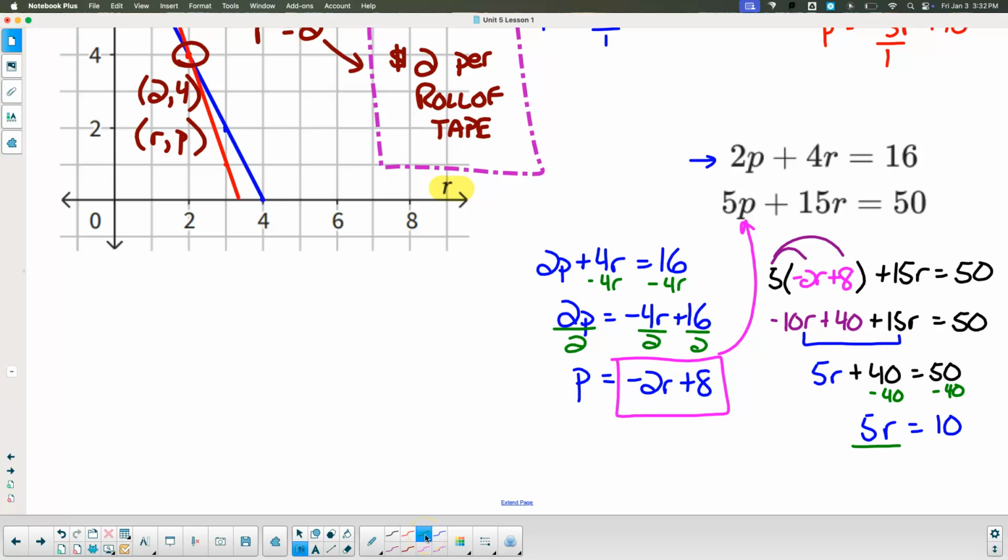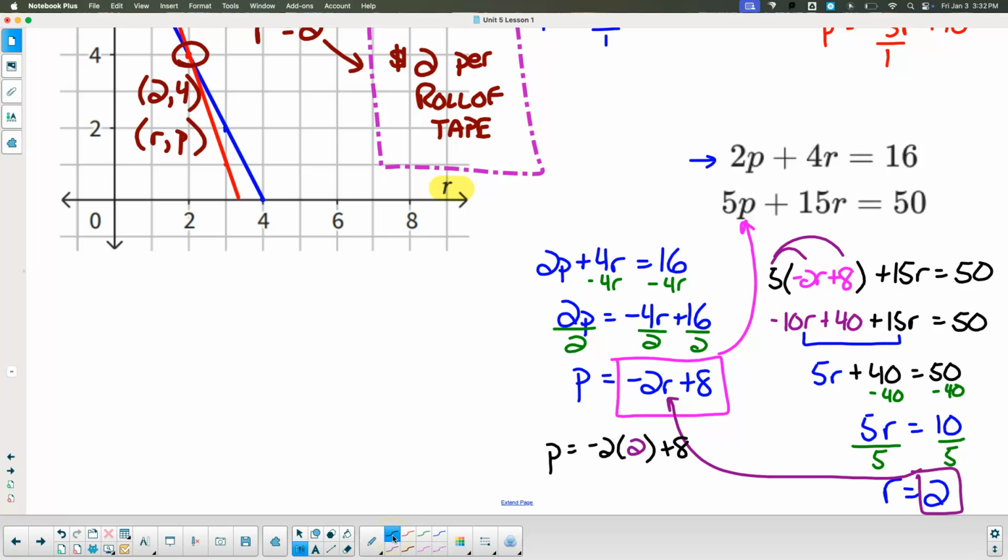Then I can divide both sides by 5, and that gives me R is 2, which was good because we had $2 per roll of tape off of our graph. Then I can take this 2 and put it back in here, and P equals negative 2 times 2 plus 8.